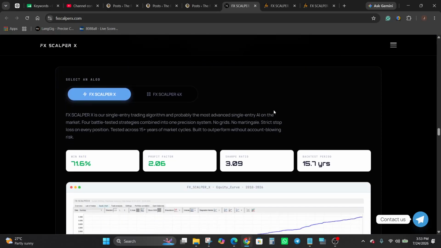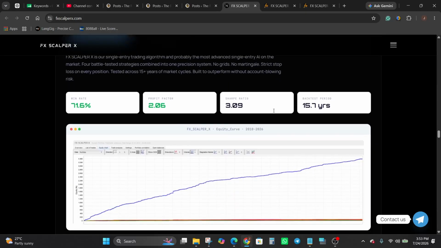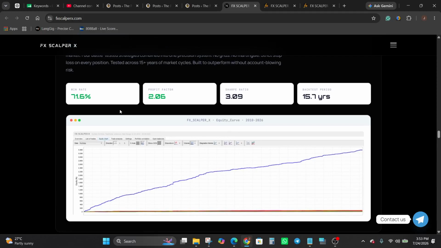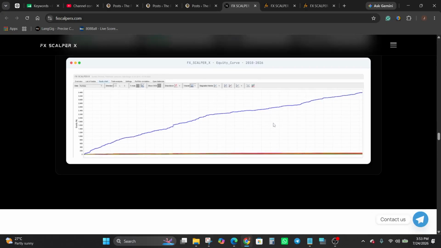Alongside that, they show backtest statistics for FX Scalper X specifically: a win rate of 71.6%, a profit factor of 2.06, a Sharpe ratio of 3.09, and a backtest period of 15.7 years. Underneath that is an equity curve labeled FX Scalper X, dated 2010 to 2026, and it climbs to roughly 3,400% cumulative growth on the chart.